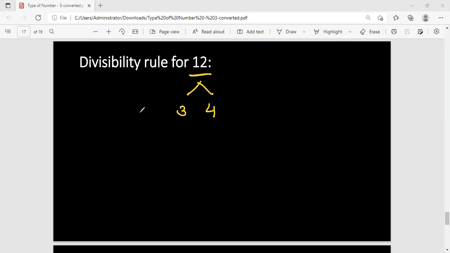Guys, again and again I'm telling you that the LCM should be 12, not the multiplication. You can't say that 12 is also 6 times 2, so we can check for 6 and we can check for 2. No, this is not correct. 12 should be split into two parts such that the LCM is 12, right?